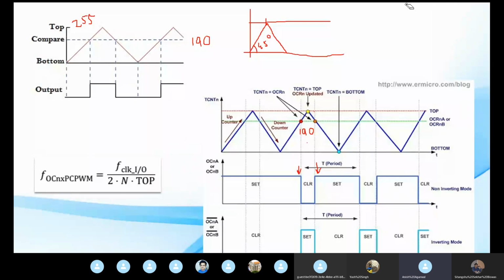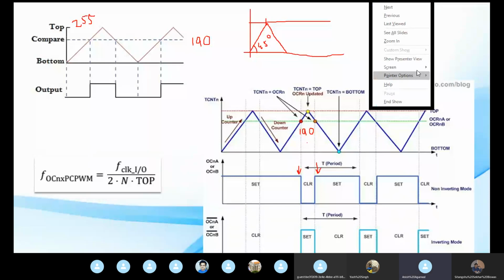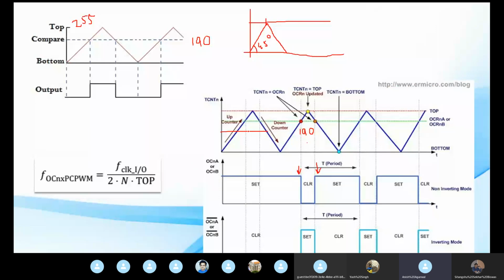Like the red point is higher, I set it lower, so it encounters the value to be set even earlier. You see that red line, the intersection of the red line with the triangle. I say that when you encounter this point, you go low. So it will be low till it encounters that red line on the right side of the triangle again.